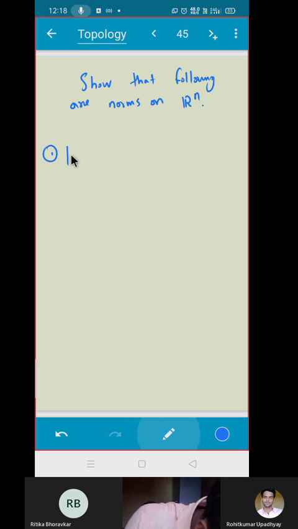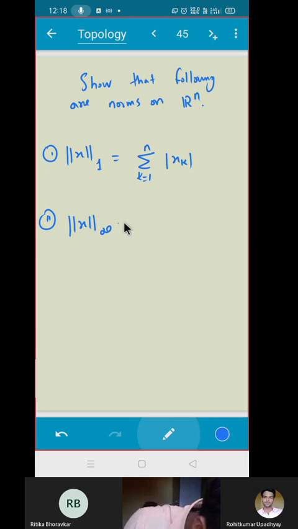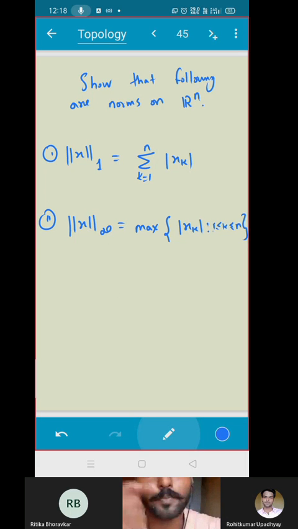The first one, the second one. Do you see this is quite the same as whatever we have done earlier? You have to show these two are norms.